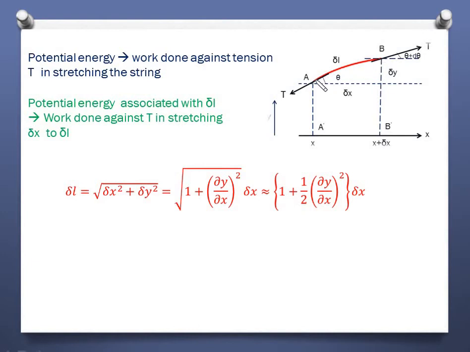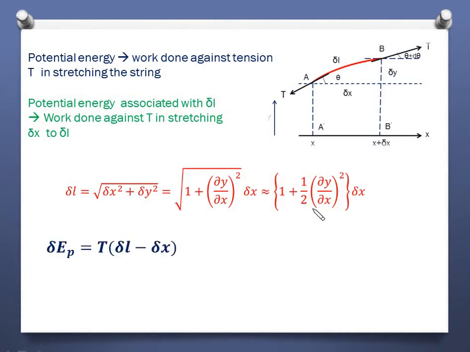So we can assume from this triangle that delta L square equals delta X square plus delta Y square. Now we can take delta X outside of this square root, then we will have delta Y square by delta X square become del Y del X square. Now del Y del X square is very small, so we can approximately write this term as this.